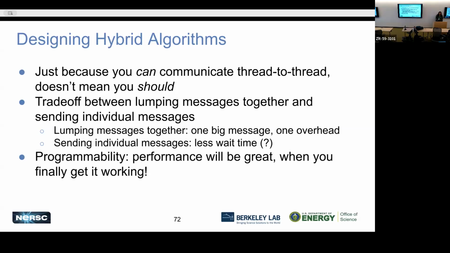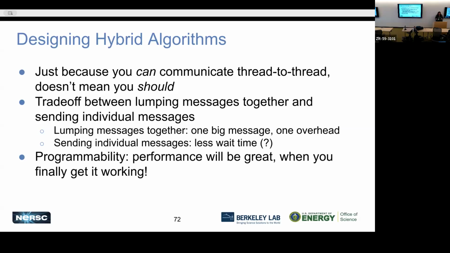If you think about sending messages, there's going to be an overhead associated with that, because it has to get delivered, sent. If you send one big message, you just have one overhead and it gets sent. On the other hand, if you send individual messages, each of them is going to have its own overhead.